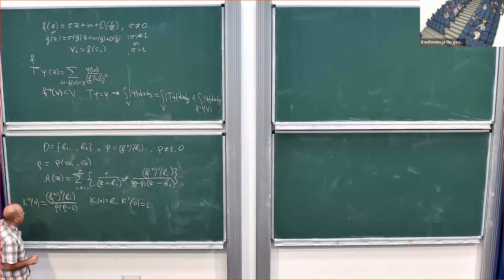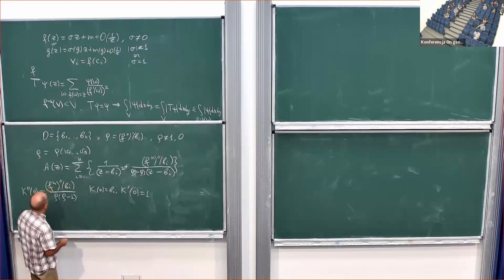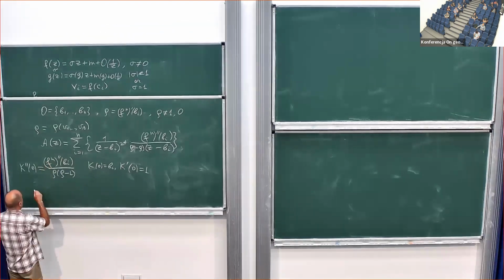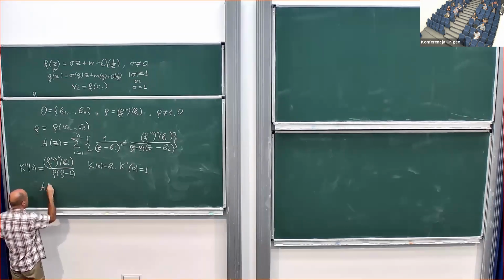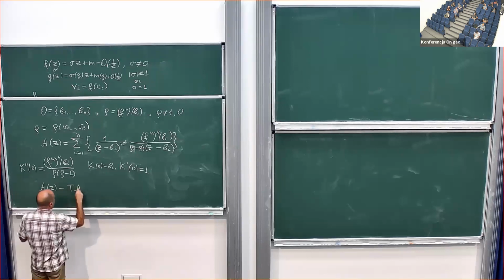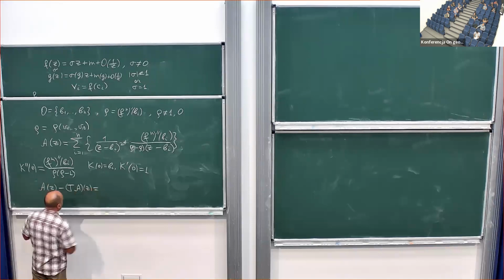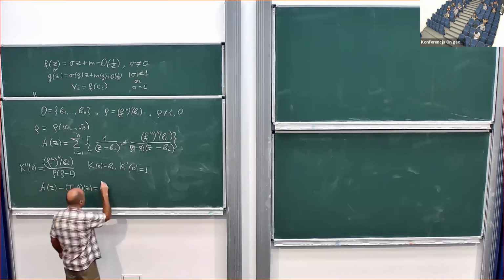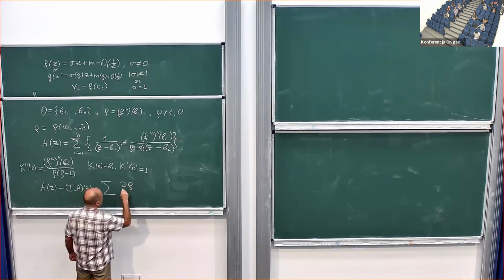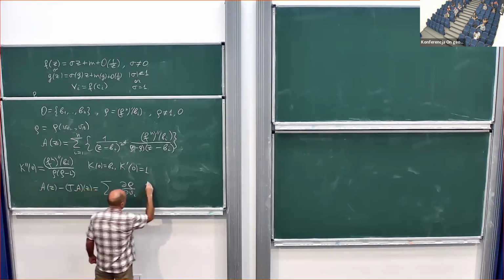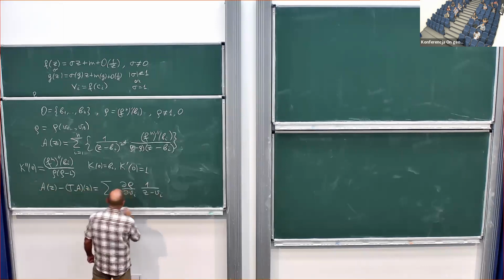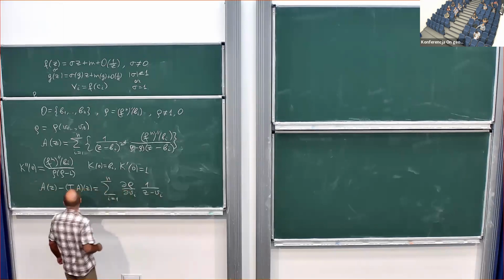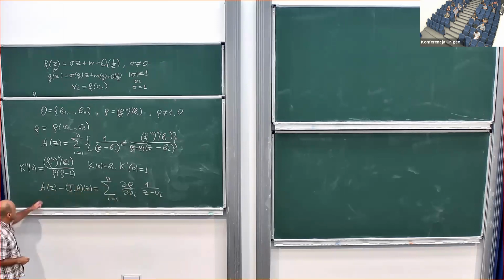And now the formula is the following: A minus TA is equal to the sum, and this is a precise relation.